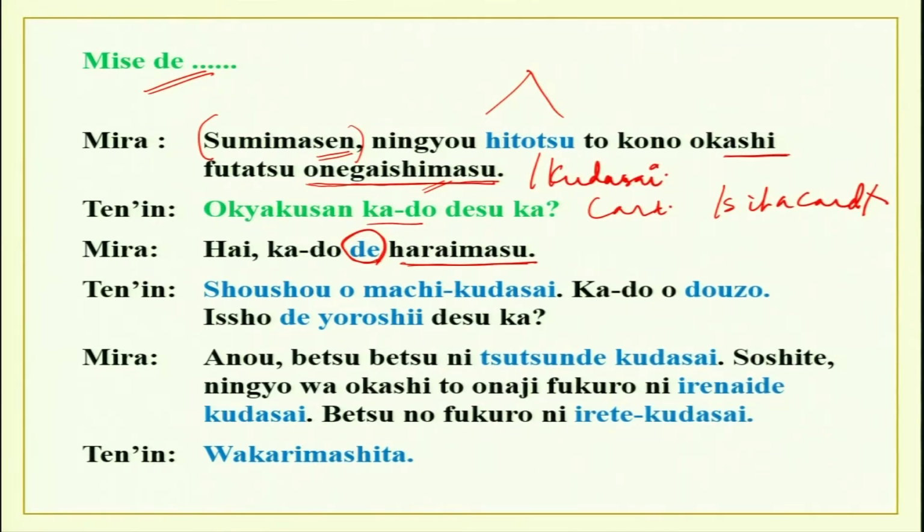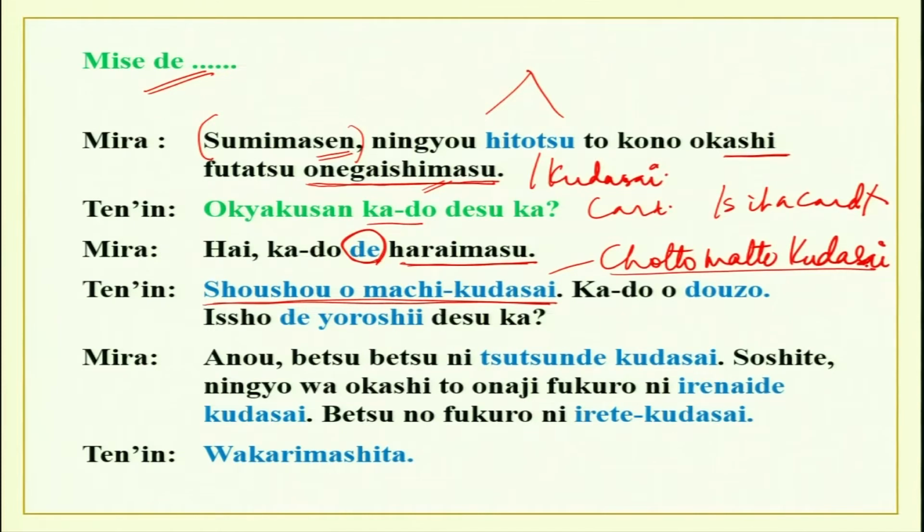We are going to see de over here in the lecture now. Shosho omachi kudasai. We did shosho omachi kudasai also with chotto matte kudasai, and the meaning is exactly the same. There is no change in meaning except where to use shosho omachi kudasai and where to use chotto matte kudasai. Chotto matte kudasai is a little informal, generally used with friends, family, people your age.